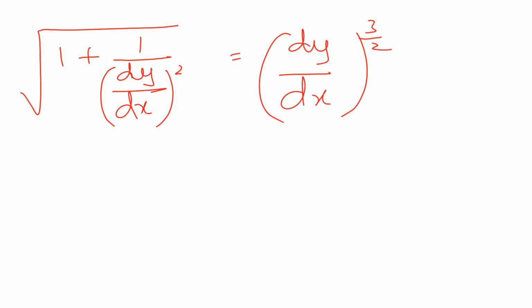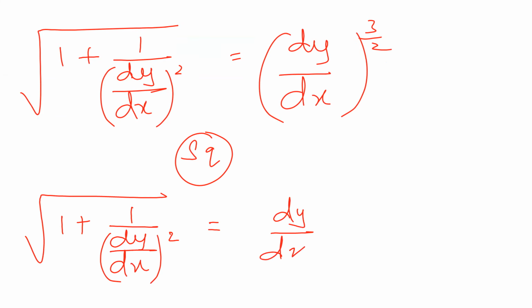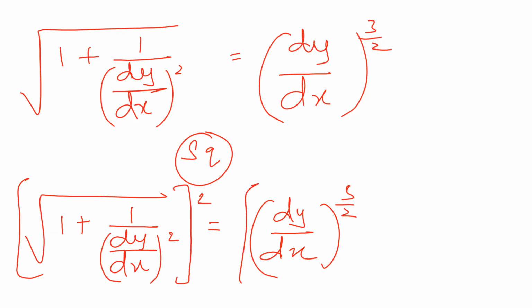So what we'll do is we'll square both the sides, to eliminate the root. 1 plus 1 upon dy by dx the whole square is equal to dy by dx raised to 3 by 2. We'll square on the left hand side, we'll square on the right hand side.